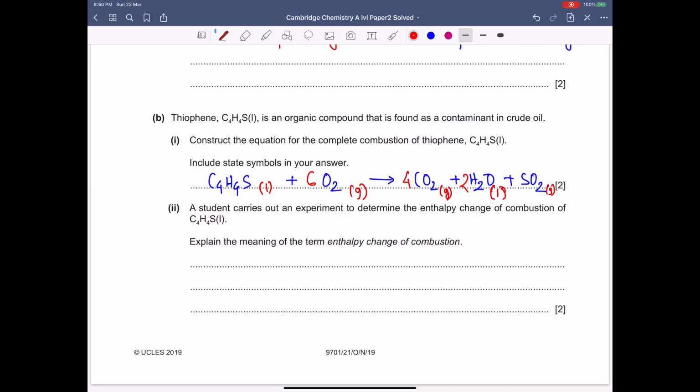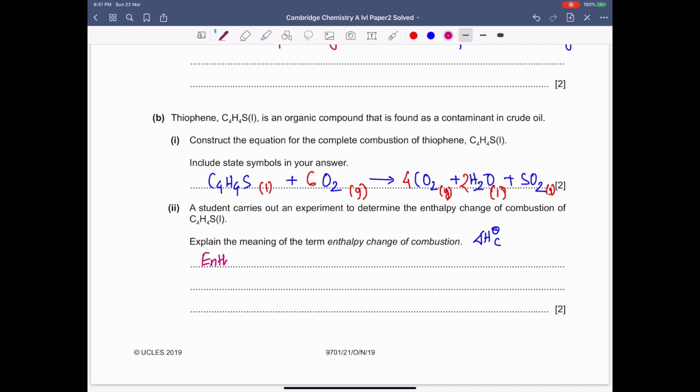A student carries out an experiment to determine the enthalpy change of combustion of C4H4S liquid. Explain the meaning of the term enthalpy change of combustion. Whenever we say enthalpy change of combustion, we mean this term, del HC.